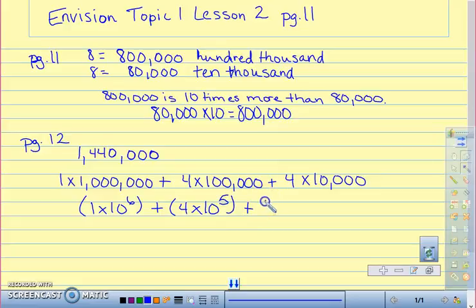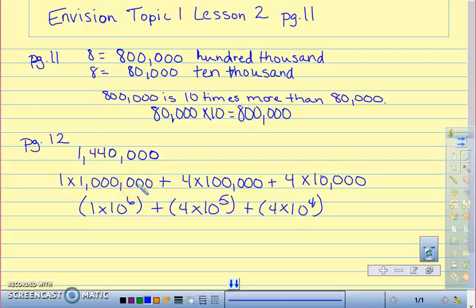But our last one is 4 times, we count 1, 2, 3, 4 zeros, and we get 10 to the 4th. And so we can write in expanded form with exponents, just like we do with the regular numerical form.